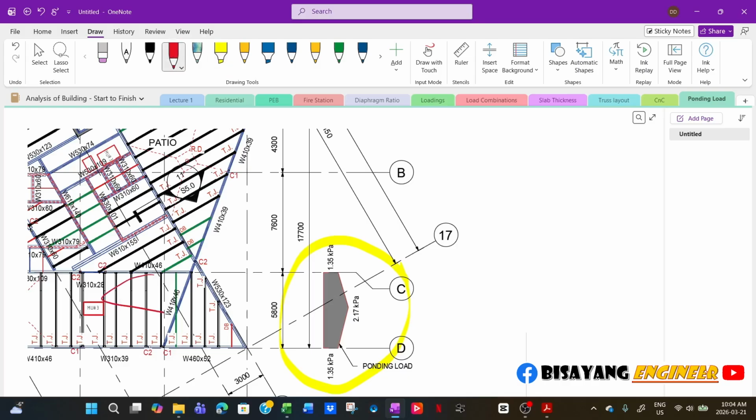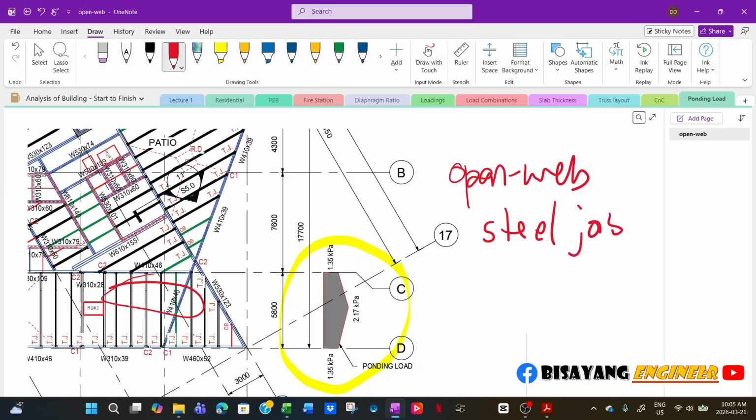So this framing is using the open web steel joist, and for them to size the appropriate section, like depth and stiffness, they need all the load information, and this is the ponding load diagram.